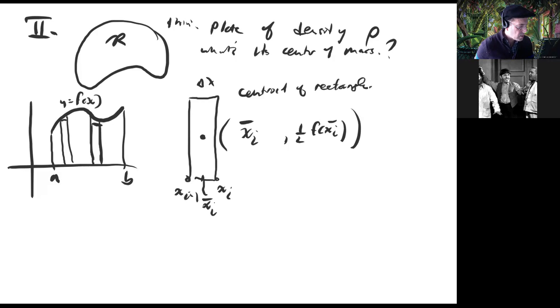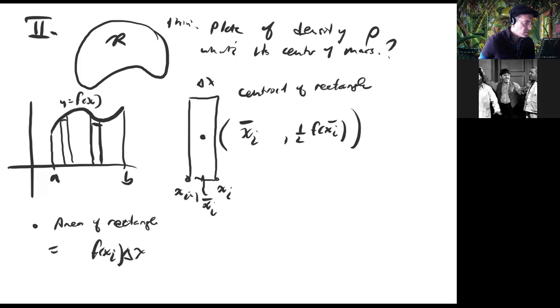Okay, so now what I would like to do is calculate some things. So what's the area of the rectangle? That's base times height. That's going to be given by delta x times f of x_i.